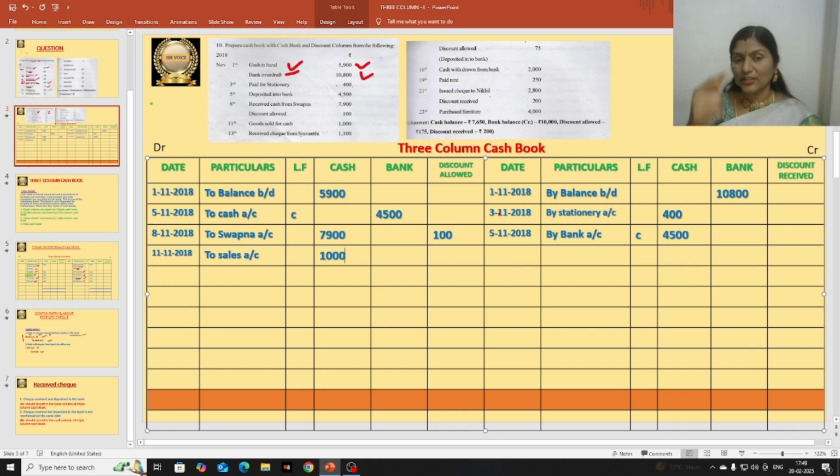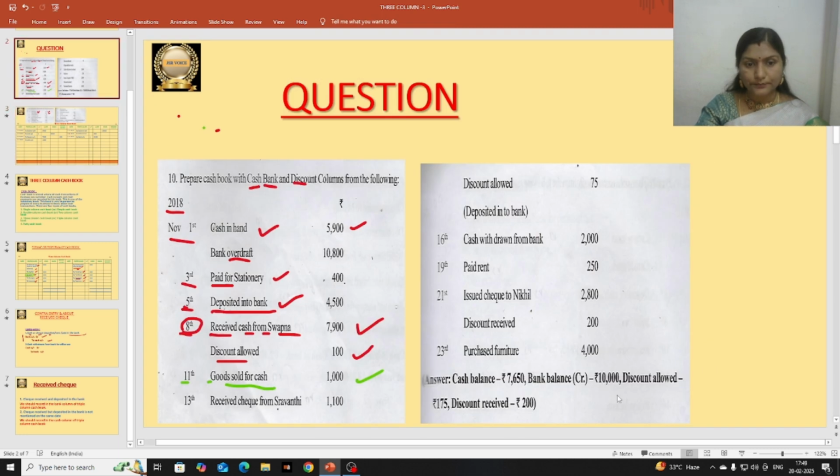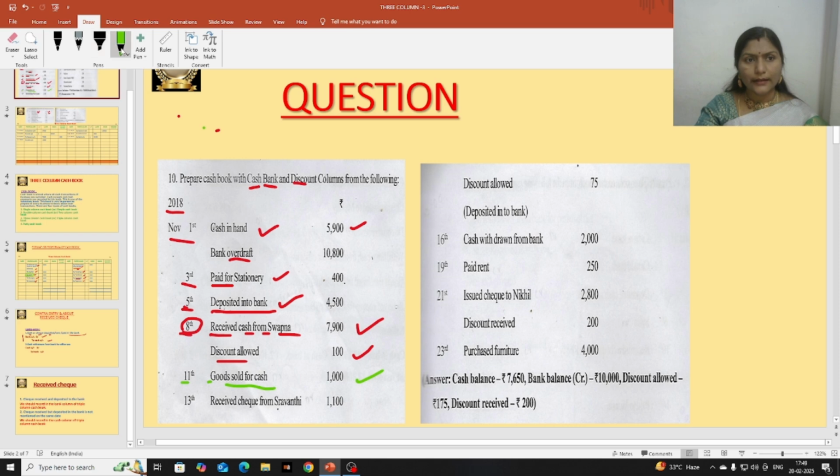That is why I mentioned I have given the question on the top, and this 3-column cash book is the solution. Just observe where I am writing and what I am writing. Next one, let us go to the question again. Next one is the 13th date. What is the date here? 13th date.